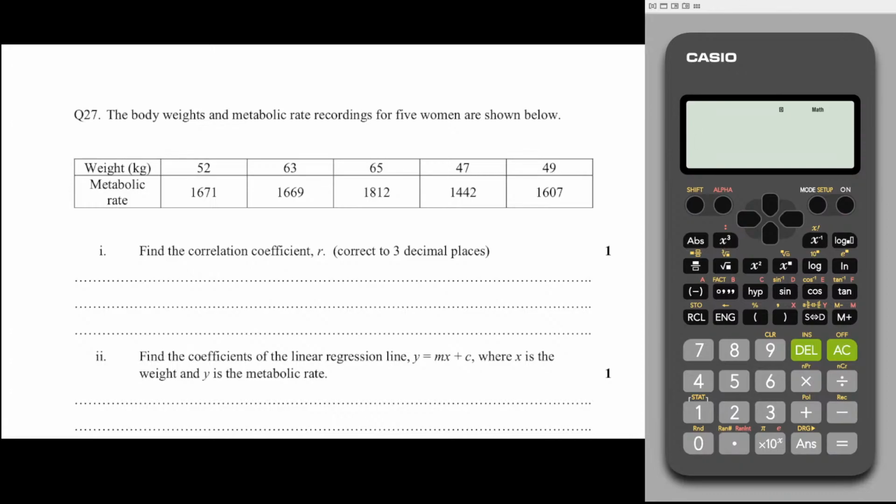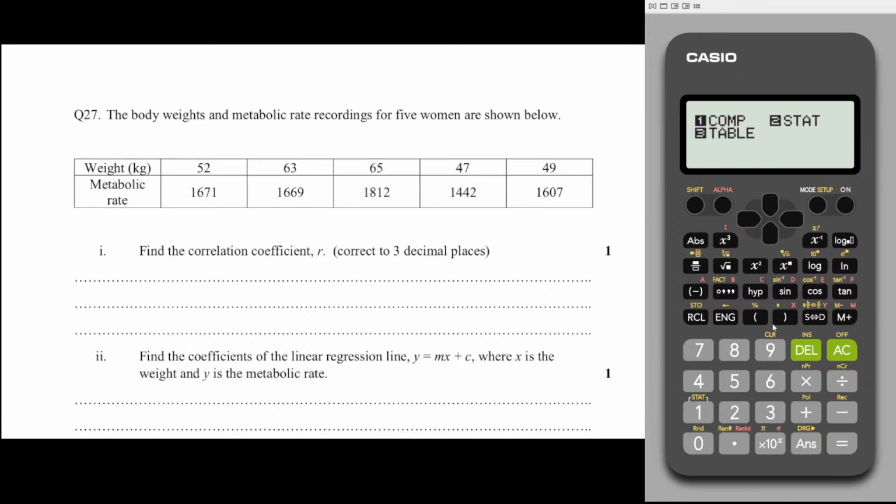So we're going to use the statistics mode for this one because it's the easiest way to do it. We're going to hit mode and we're going to hit 2. Now we get a bunch of different options and we're going to hit number 1. Now, if your calculator just comes up with this, then that's not going to be very useful for us. No, we're not going to even hit that one.